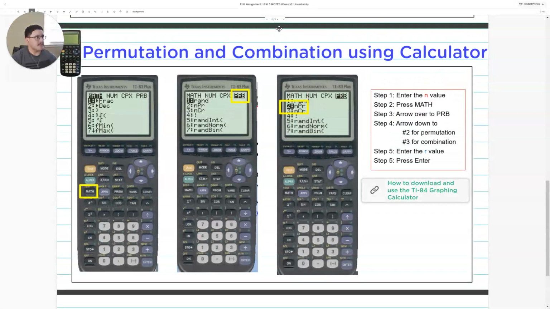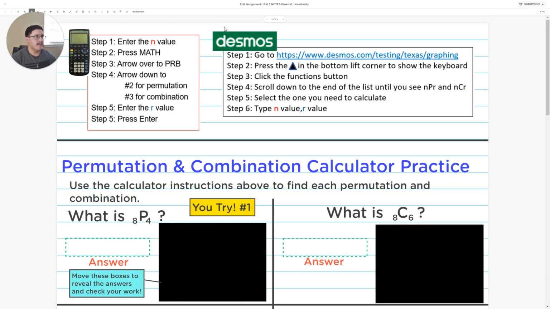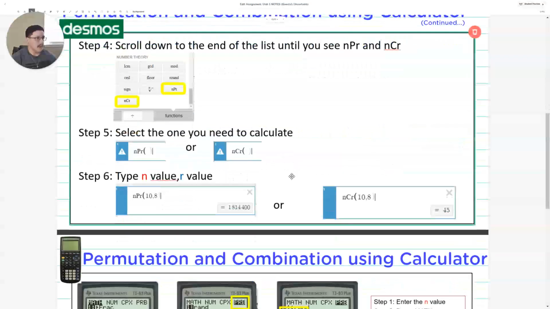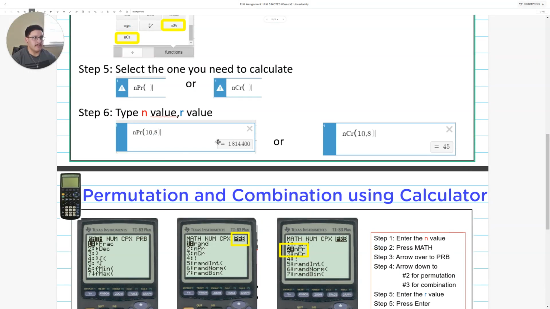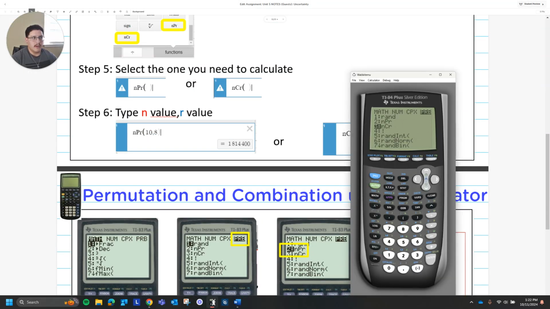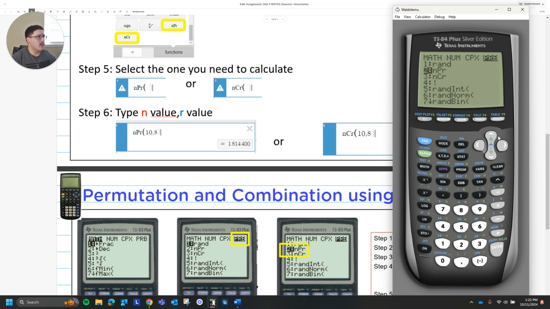Now, to get through an example of how to type this up, let's say we want to type in 10 and 8, 10 being N and 8 being the R value. You first type the N value, which is 10.